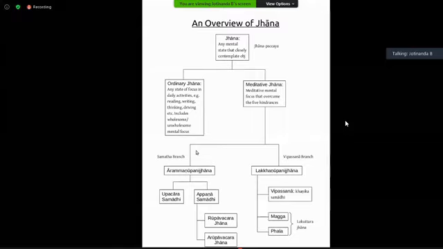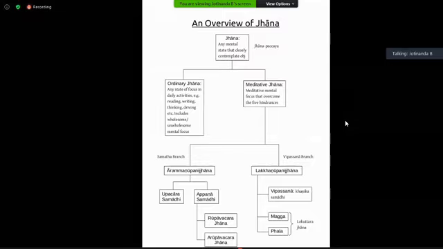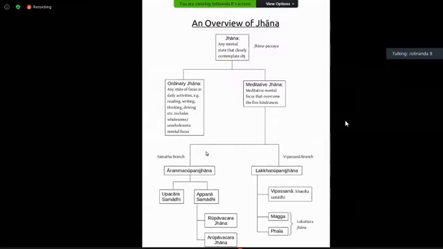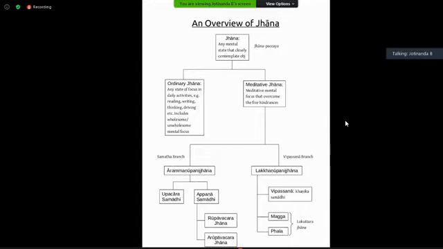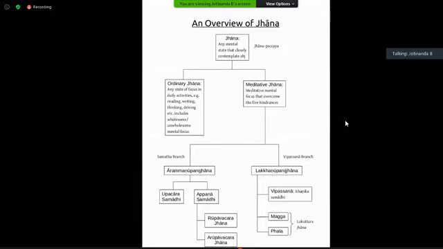Then they focus on this nimitta. For example, if you take the white kasina, first you have a circular disc painted white completely, and then you just focus on it, for hours and hours until finally you get the image in your mind. It's like you're memorizing it.